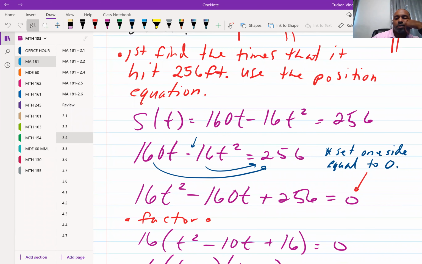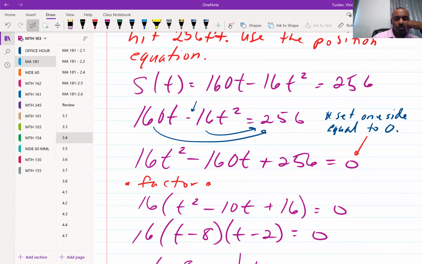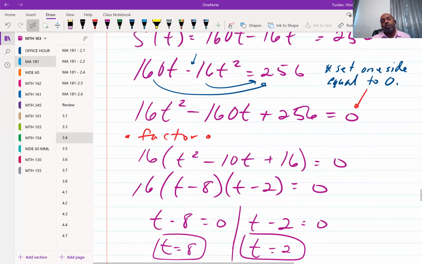Then I factored, pulling 16 out of each term. Factor the trinomial: t squared minus 10t plus 16. So that's t minus 8, t minus 2. Then we set each part equal to 0 and solve.